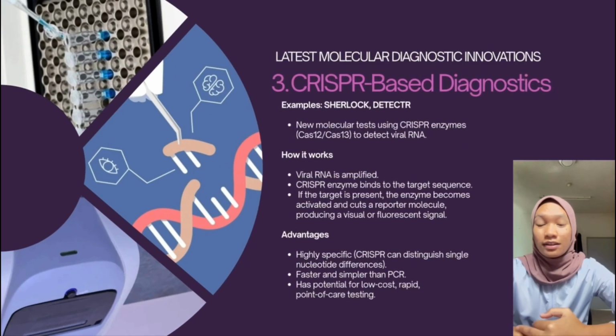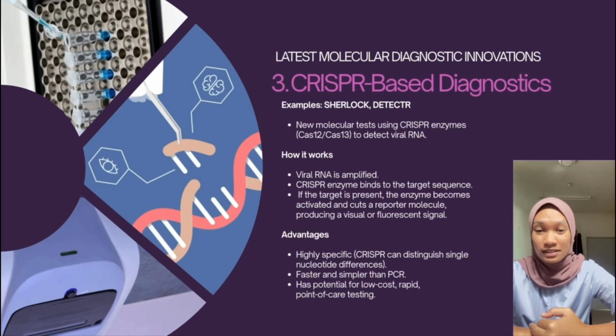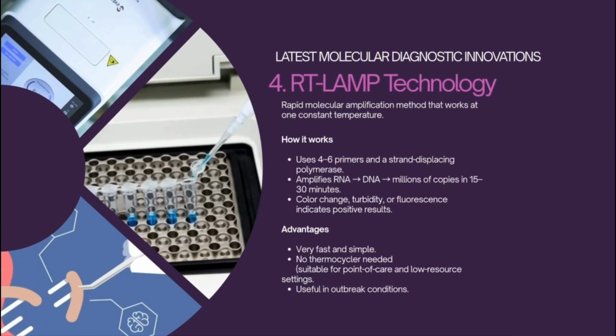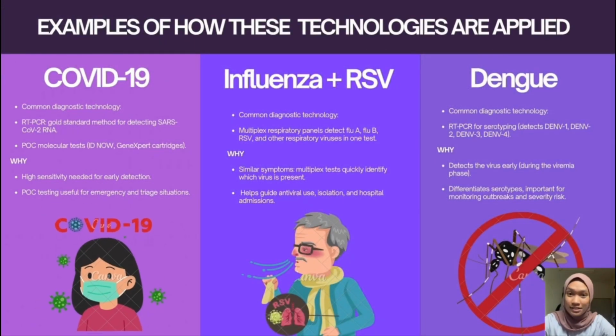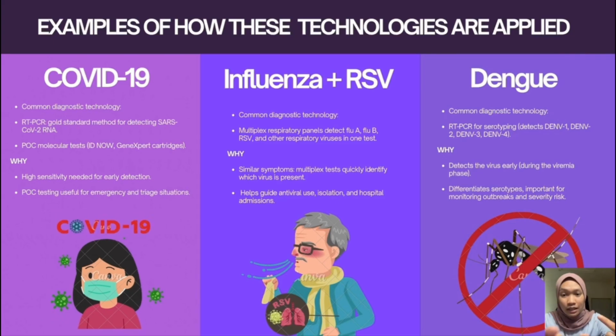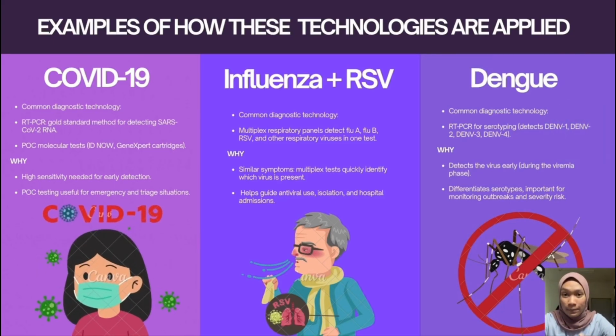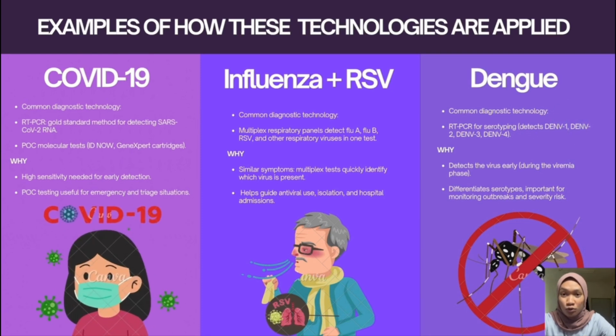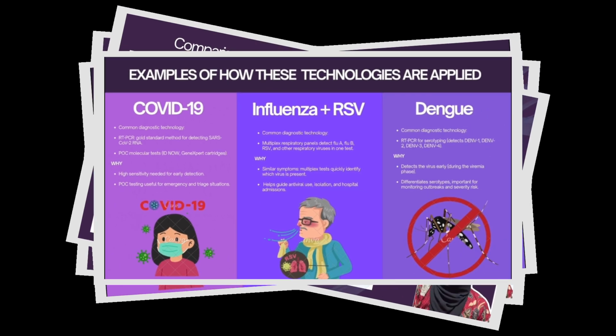The third one, CRISPR-based diagnostic, offers highly specific and rapid detection. And lastly, RT-LAMP provides a very fast result without the use of complex machines. These technologies are widely used in diagnosing COVID-19, dengue, influenza, RSV, where rapid and accurate detection is very essential in early treatment and also proper patient management.